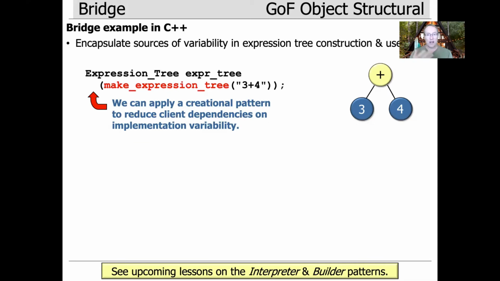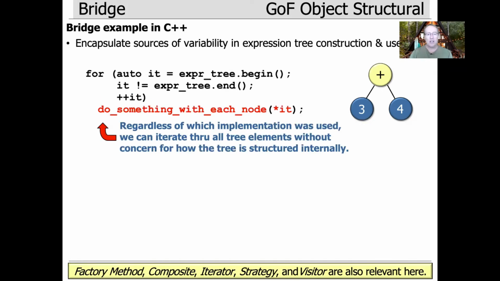And of course, the way to do this is to apply a creational pattern like factory method or interpreter or builder and so on. But irrespective of how we create this composite hierarchy, we can then write code that looks like this. And as you can see, this code doesn't reveal anything about how the underlying implementation works.